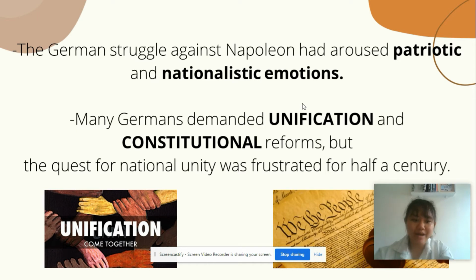But the quest for national unity was frustrated for half a century. The aspirations toward democracy remained unrealized for over a century until they were briefly achieved under the most adverse conditions, after losing World War I.